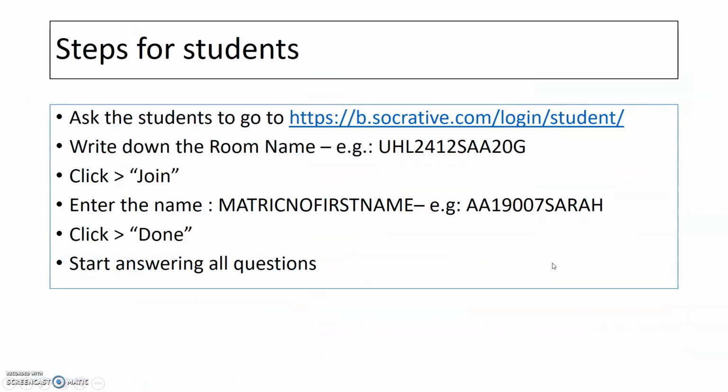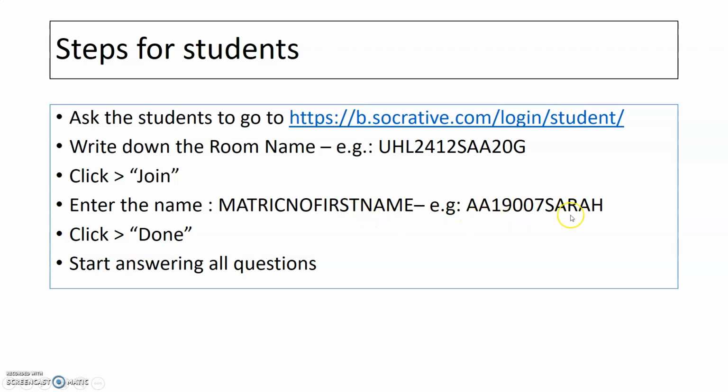Okay, so basically, these are the steps for you. Number 1, you go to this link. I will give this in our Google Classroom. And then you key in the room name, UHL2412 SAA 31G or 33G or 34G or 36G. Then you click join. Once you enter the room, you enter your metric number, followed by your first name.